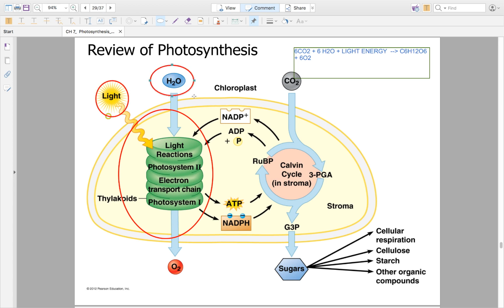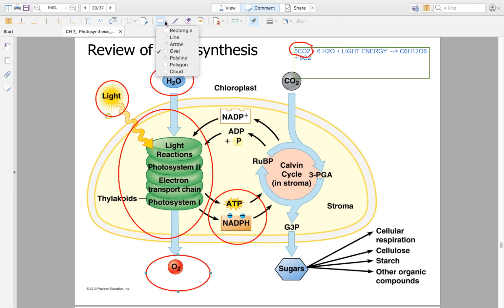Now CO2 has not been utilized yet. CO2 is not used at all until the Calvin cycle. Now what comes out? What do the light reactions make for us? They're going to make the energy source to run the Calvin cycle, ATP plus NADPH, and it's going to make the 6 oxygen.